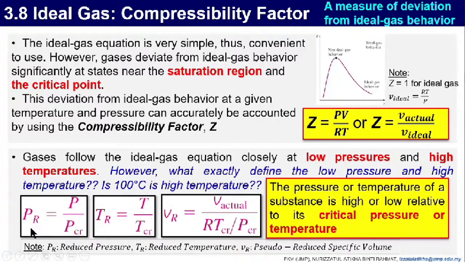PR is the reduced pressure, TR the reduced temperature, and vR is the pseudo-reduced specific volume. You can use the critical temperature and critical pressure to calculate the reduced specific volume, temperature and pressure, using these equations.